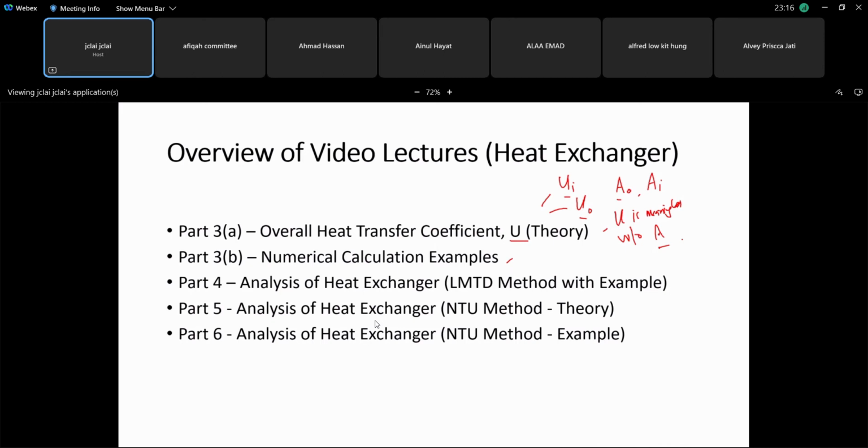Then after that in part 3B, the professor demonstrated how to use this U, how to determine U, right? 2 examples were given. So this is what you have gone through.